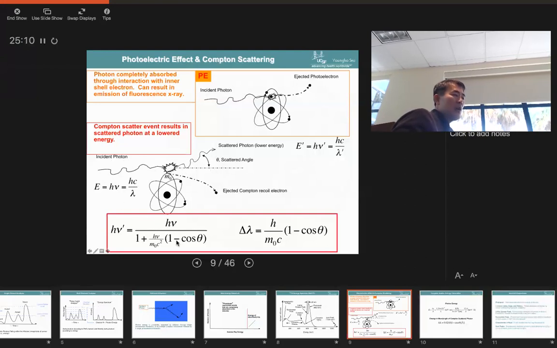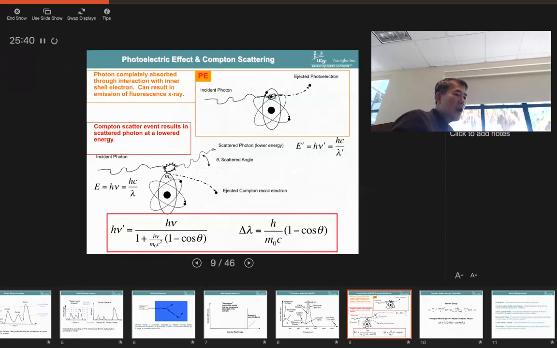How can you make this equation the maximum value? When you can make your denominator the smallest. What is the condition to make the denominator the smallest? When you can make the cosine of theta 0. That's exactly 180 degrees, right?